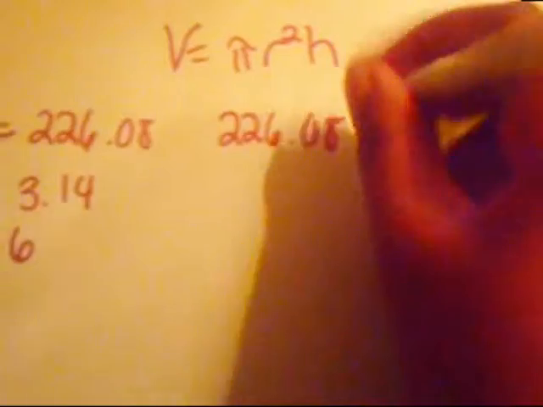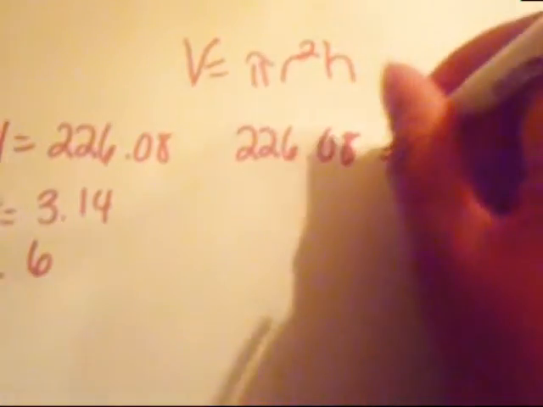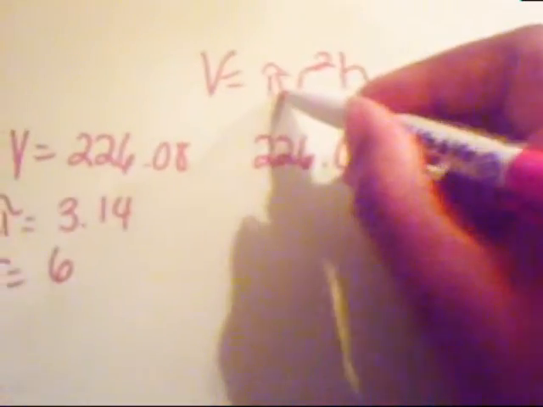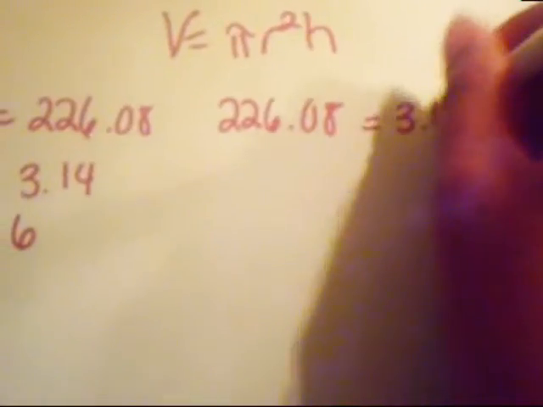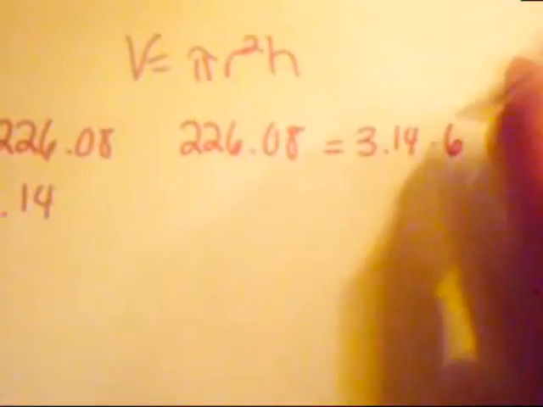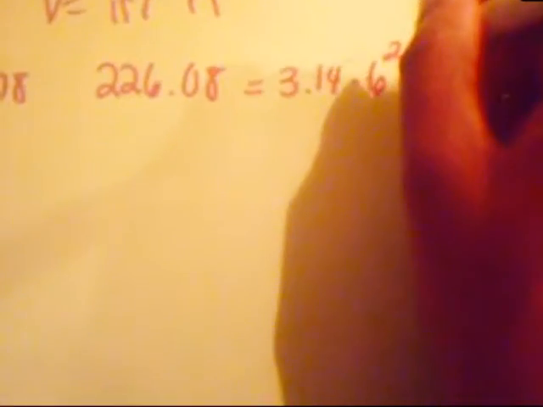Where I see V, I'm going to put in 226.08. Then equals. What do they ask us to put in for pi? 3.14. What is the radius? It's 6. And then we're supposed to take 6 and raise it to the second power. And then, do we know the height?